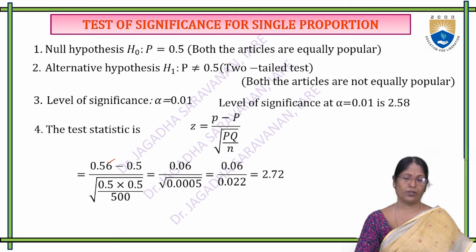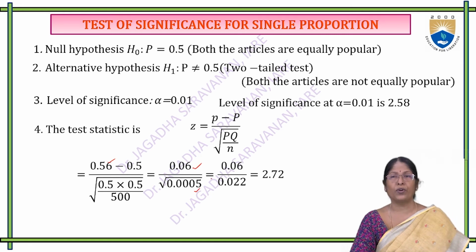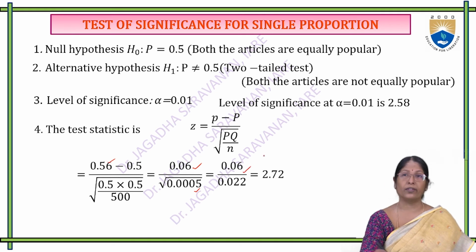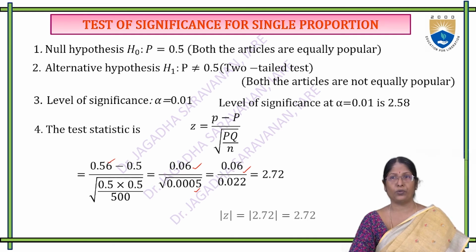So the numerator is 0.06 and the denominator is square root of 0.0005. The fraction is 0.06 divided by 0.022. The final result of calculating the test statistic is 2.72.